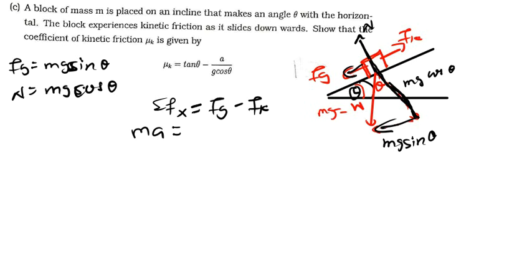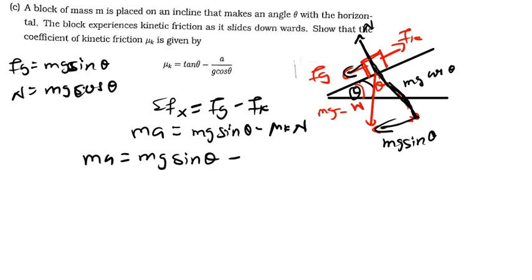Fg is mg sine theta. Friction force is mu k times the normal force. So the normal force, again, we replace: ma is equal to mg sine theta minus mu k times mg cos theta.